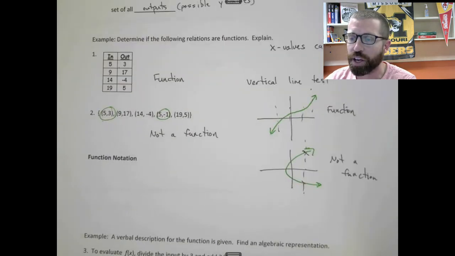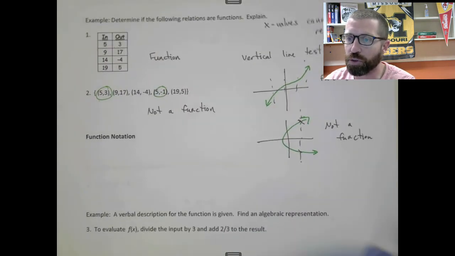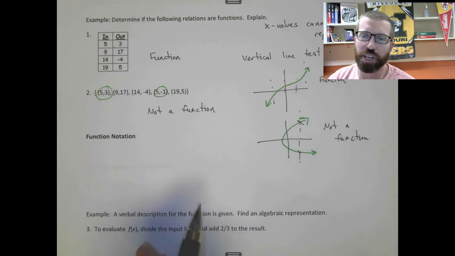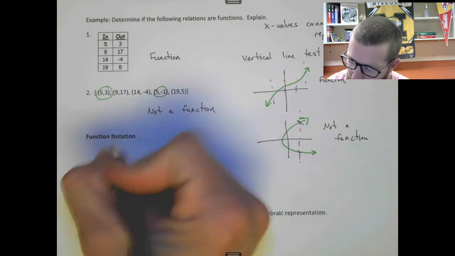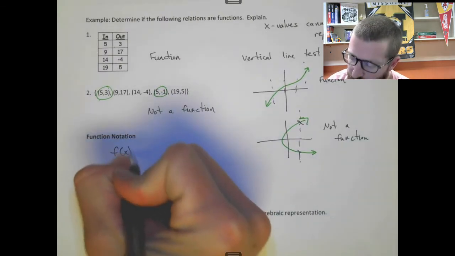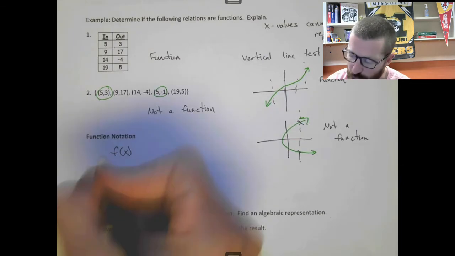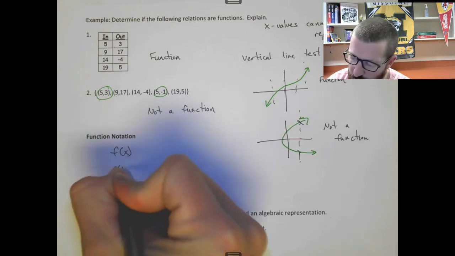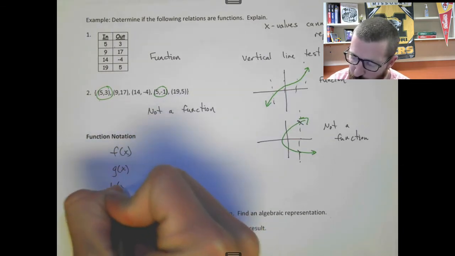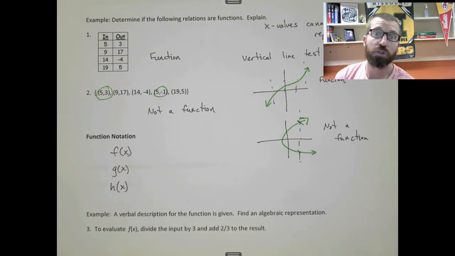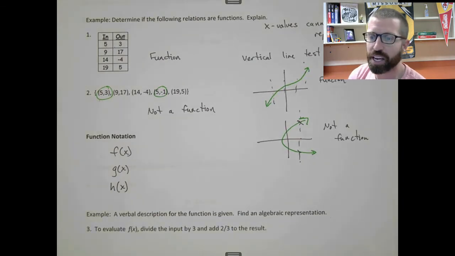Function notation is somewhat confusing at times because it's very easily confused with multiplication. If we have something that looks like this, a lot of times you use F or G or H, which are pretty common letters for functions, but you can use any letter. There's nothing that says you can't.